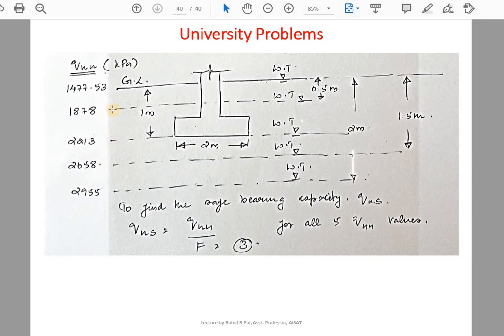Now it is somewhere in between the depth of the footing, again reduced, and once it is around the ground level, you have the least bearing capacity. That means the soil becomes more vulnerable. The soil becomes more vulnerable when the water table is at the ground level, and the submerged soil always gives the least bearing capacity. So that is the summary I would like to share based on this question.